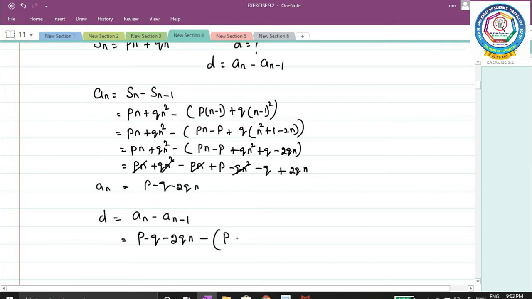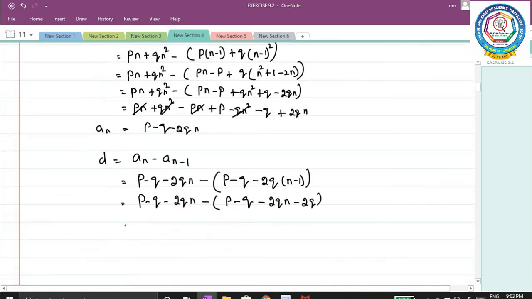So P minus Q plus 2Q of n minus 1. Then P minus Q plus 2Qn minus of, first we have to remove this bracket, P minus Q plus 2Qn minus 2Q.